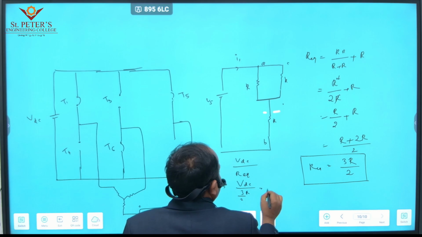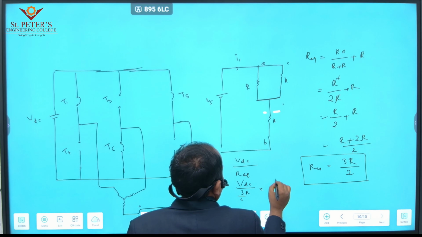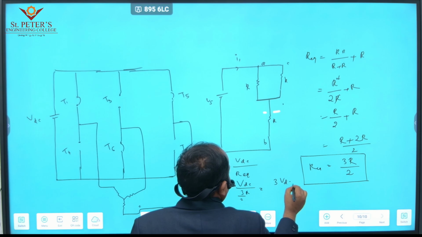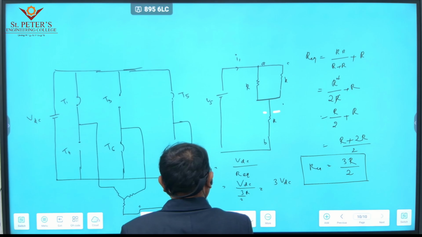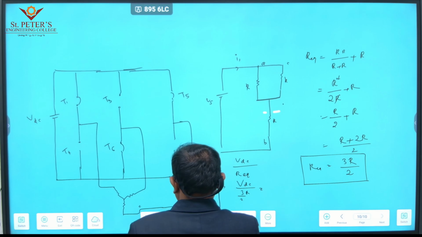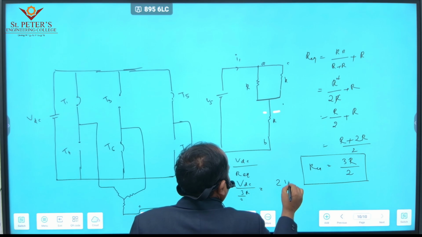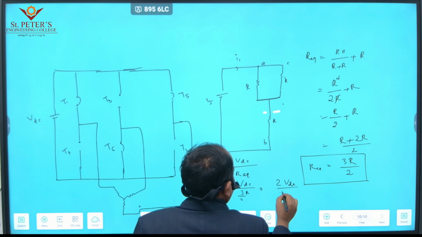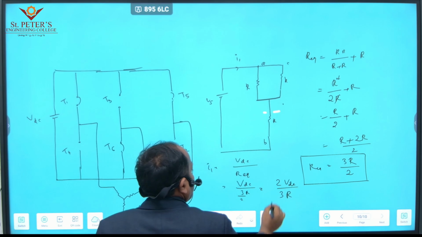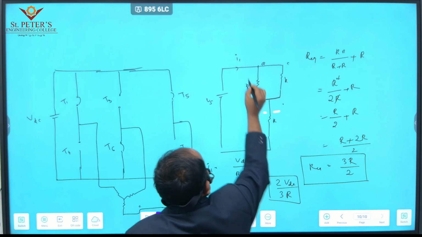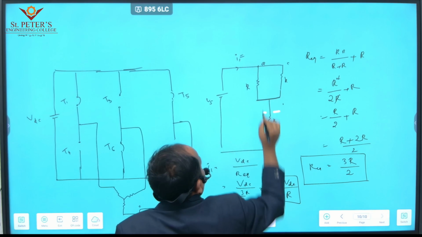From this we can get the total current, that is 2 VDC by 3R. Okay, this is the total current flowing in the circuit.